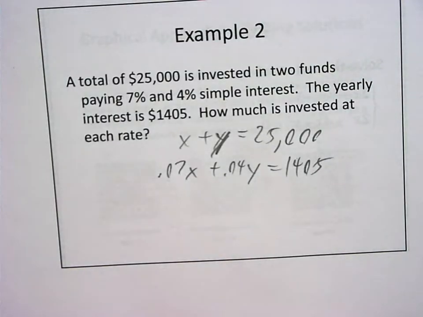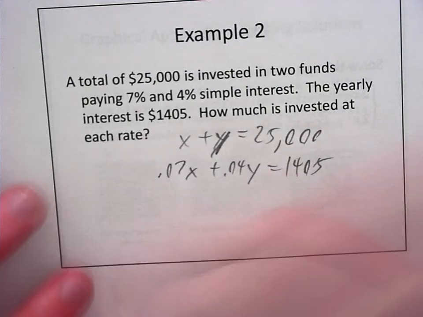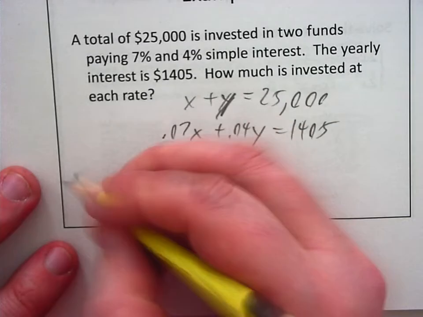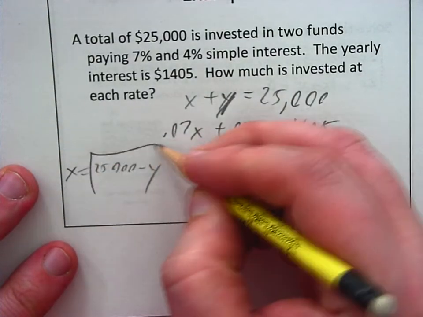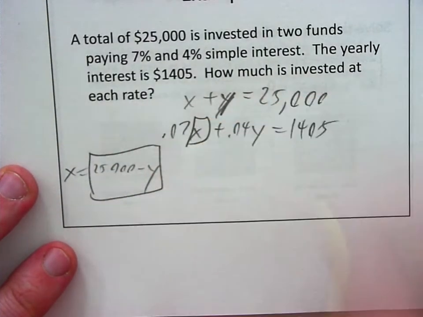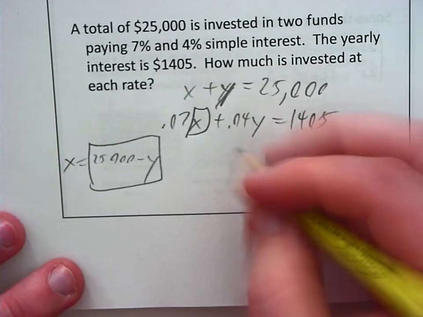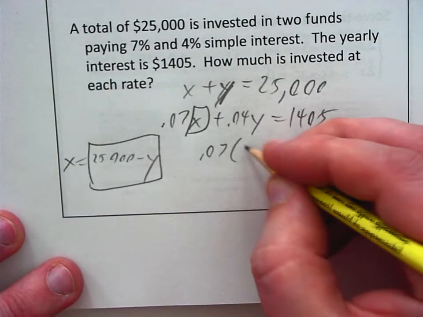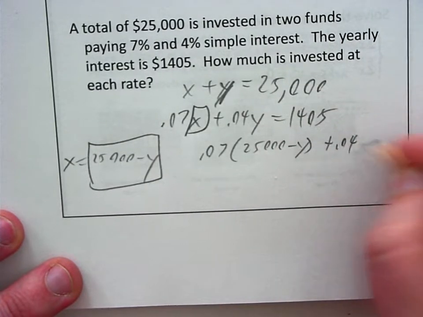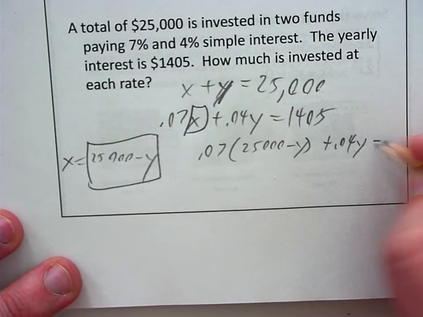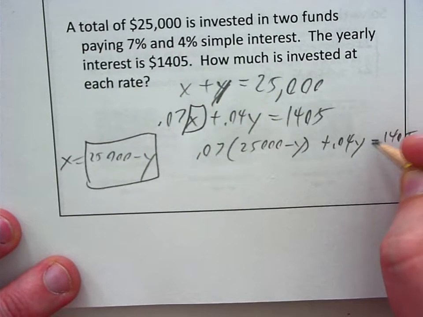So, yeah, if you move the y over, then I'm going to replace what x is equal to. 0.07 times your 25,000 minus y, plus 0.04y is 14.05.